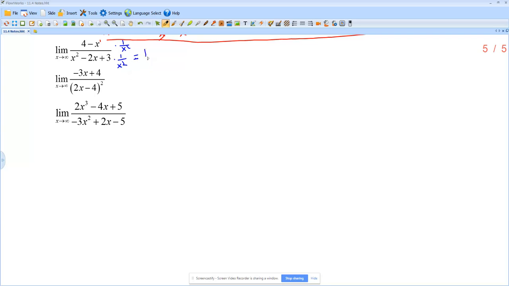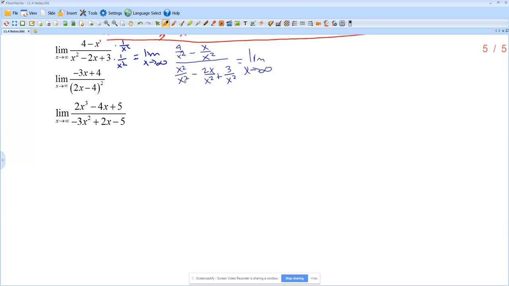If I multiply that out now, I get the limit as x approaches infinity of 4 over x squared minus x over x squared, over x squared over x squared minus 2x over x squared plus 3 over x squared, which becomes the limit as x goes to infinity.